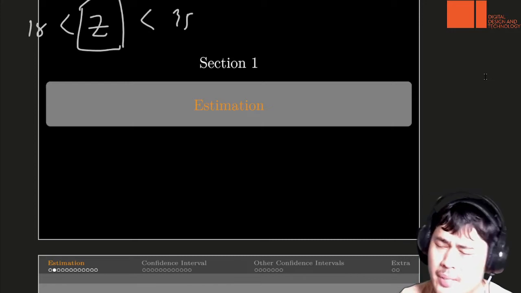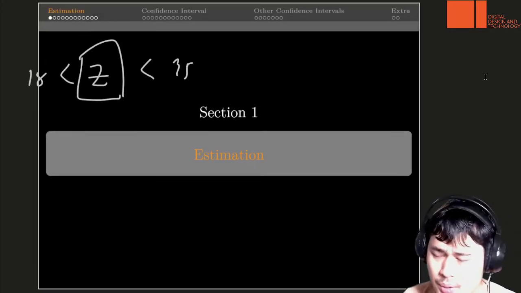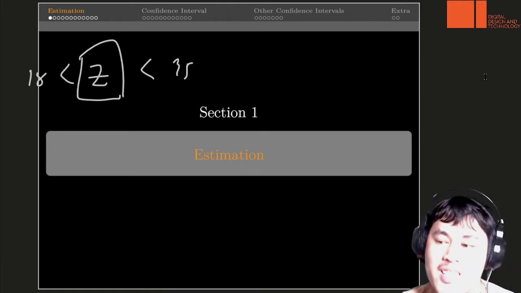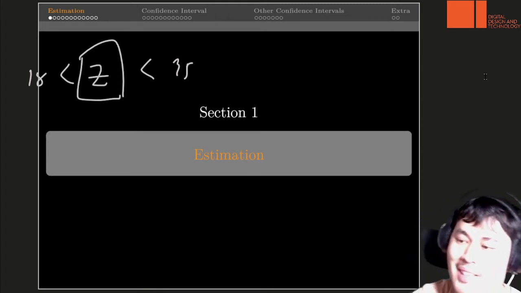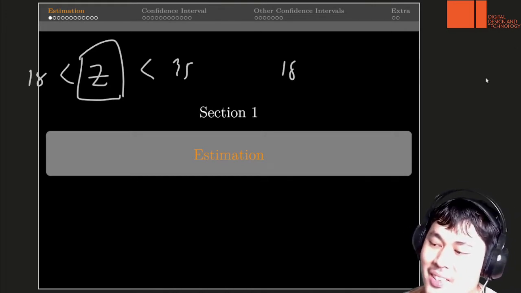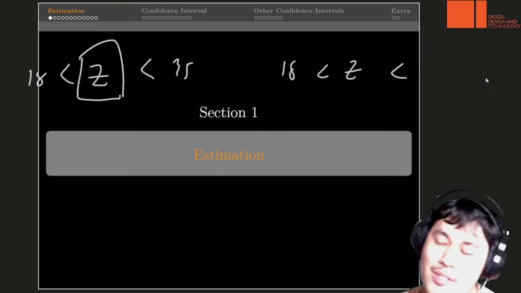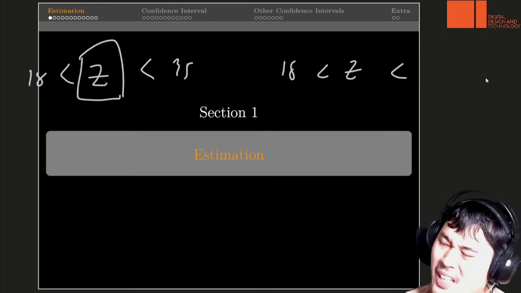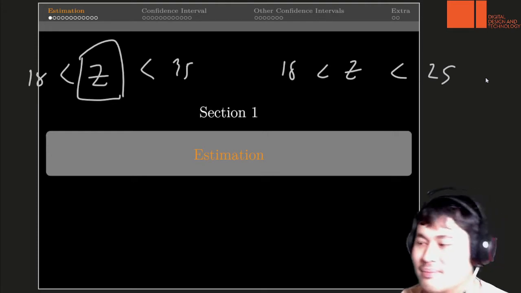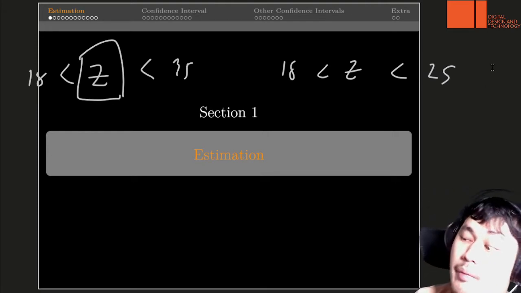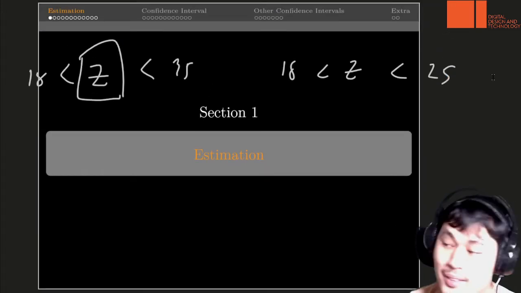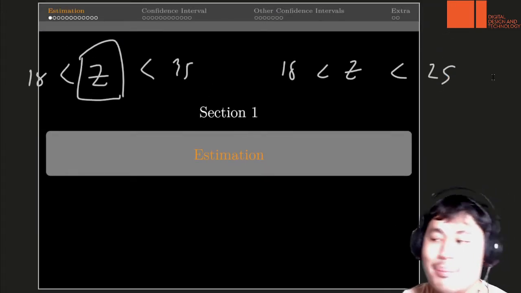Sometimes it's based on just your gut feeling, or on some information about the location. Like if I ask you to estimate the age of a student in college, then of course you're gonna get some values between 18 and 25, maybe. Given some information, you can narrow down the number. But that's not what we do here, because we need some math to support that.